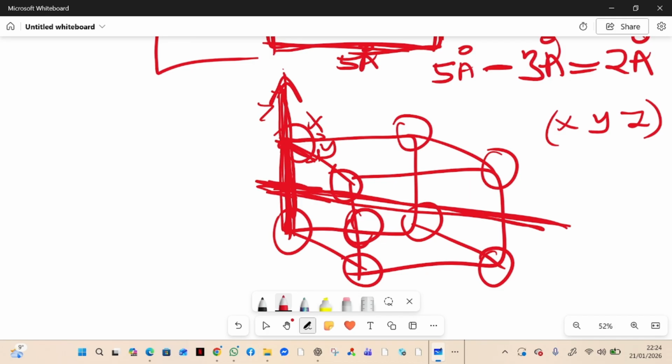So you first have to find out where the plane or the lattice is intercepted. Okay, so for the X and Y, it intercepts them at infinity. It doesn't touch them, so it's at infinity. For the Z axis, it cleaves it at the half, right? Half of the lattice. So this is half.